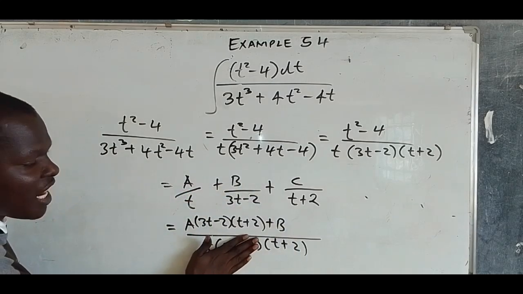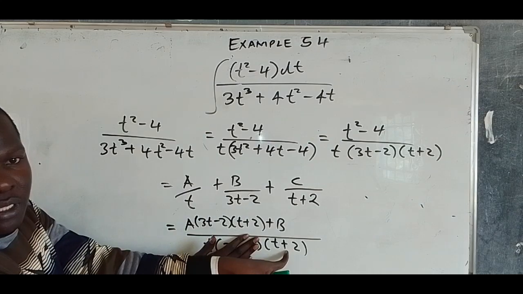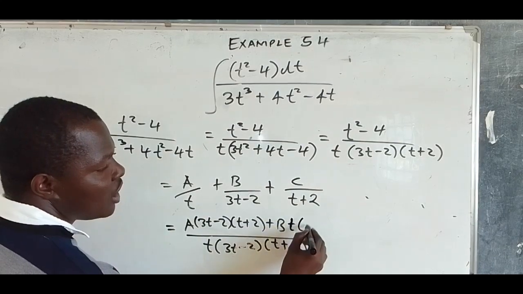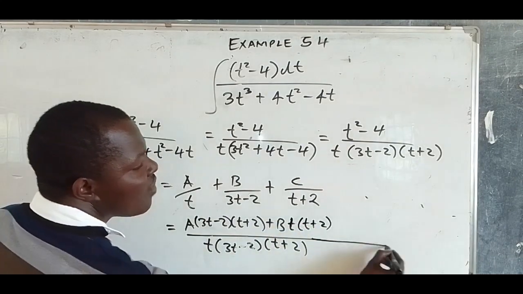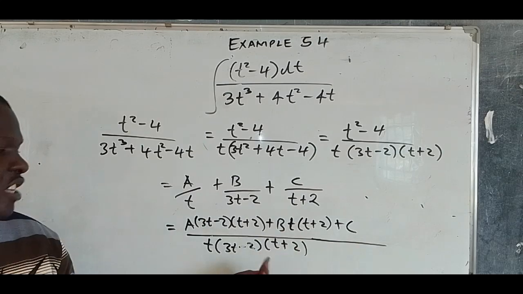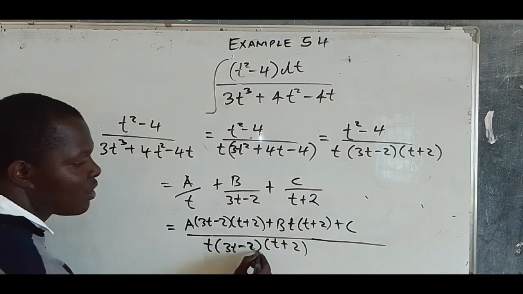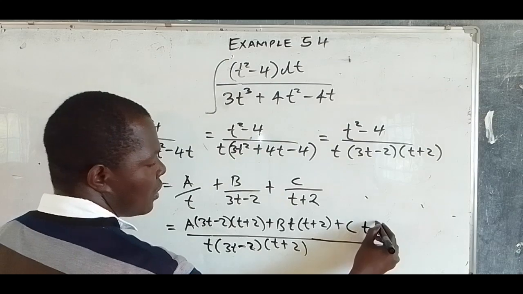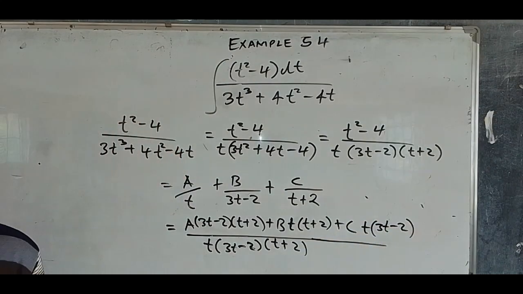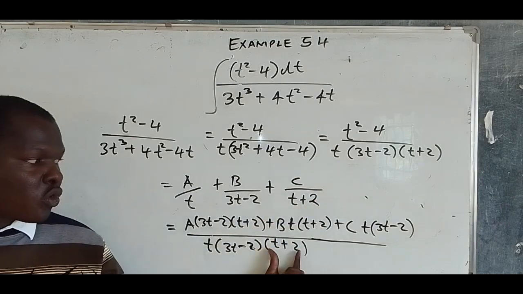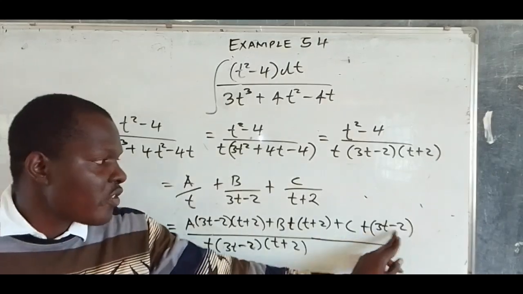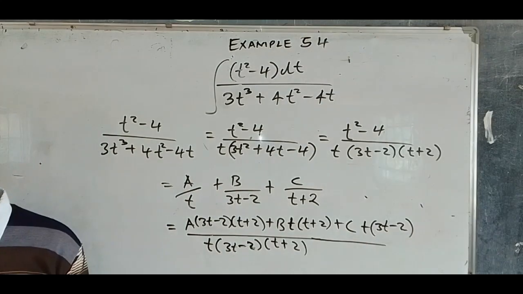You block 3t minus 2, you remain with B into t times t plus 2. Then plus C: t plus 2 goes here how many times? You block t plus 2, you remain with C into t and 3t minus 2.